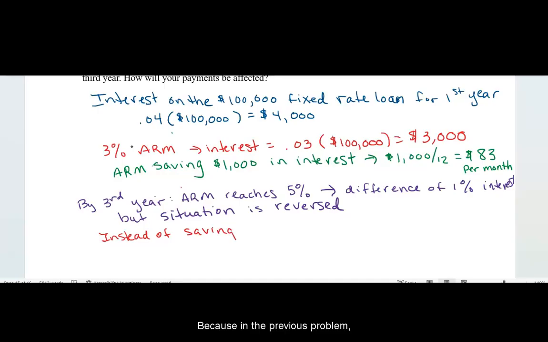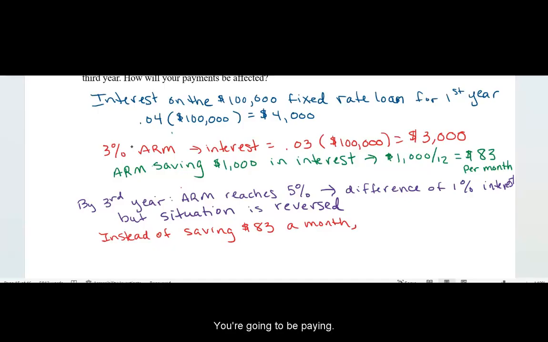because in the previous problem, you were saving $83 a month. But now it's 1% more than the fixed rate. So you're not saving $83 per month.